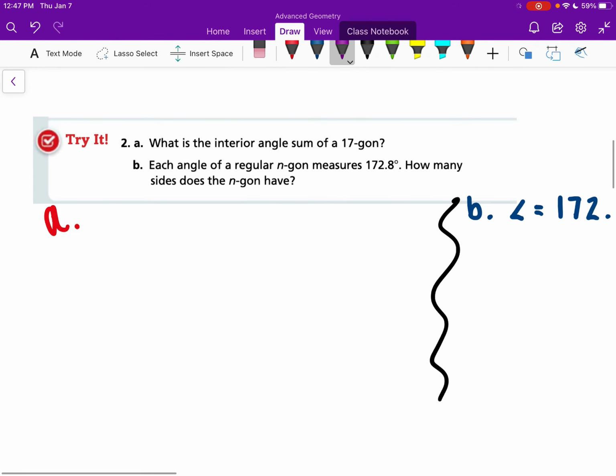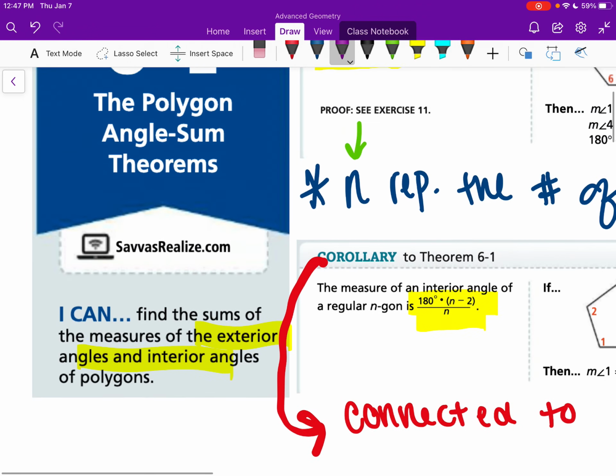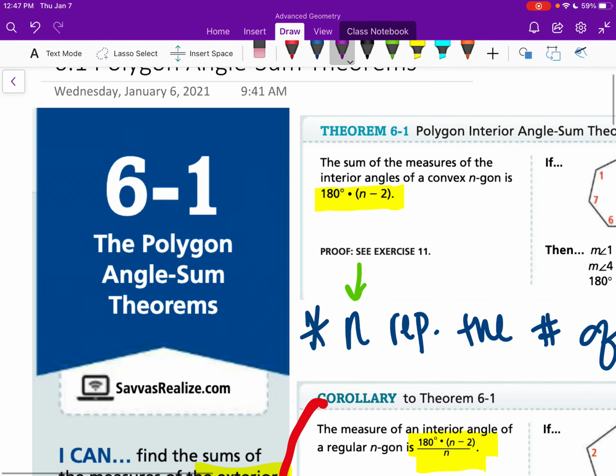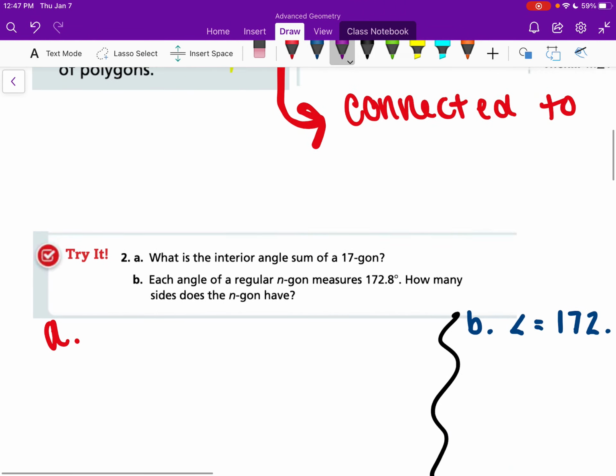The first example we're going to do is 2a. And it says, what is the interior angle sum of a 17-gon? So let's decipher that question. It's first just asking us, what is the sum of the interior angles? And that is what we have a formula for. It is 180 times n minus 2.